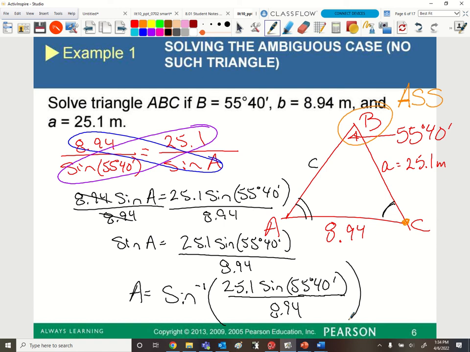Now we're going to plug this into the calculator here. So go ahead and plug this in, please.